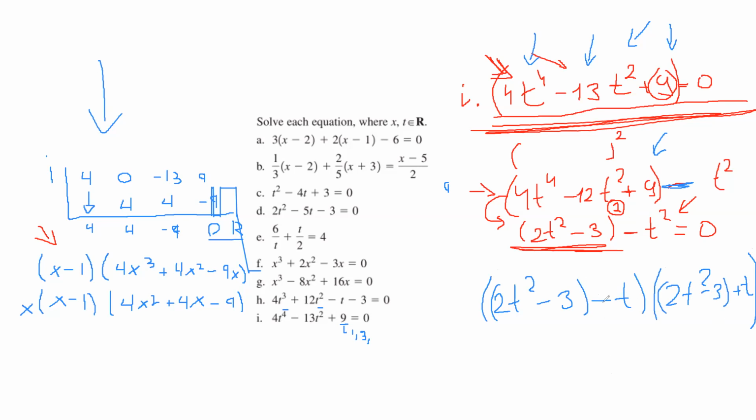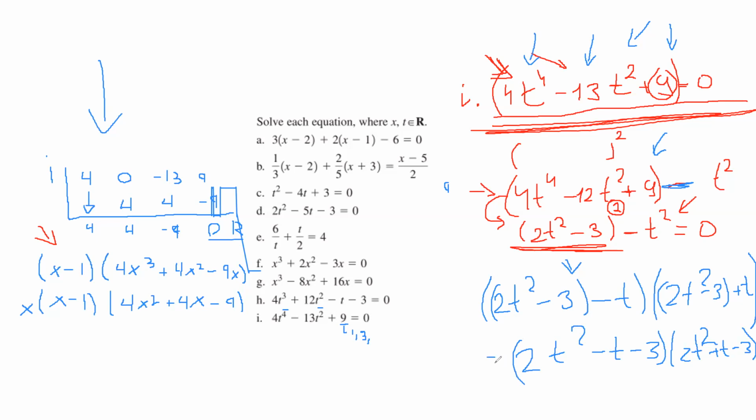And now nothing is against us opening these brackets. Of course we can. We say (2t squared minus t minus 3) times (2t squared plus t minus 3) equals 0.